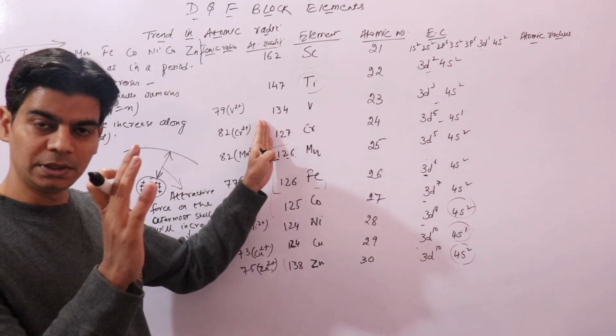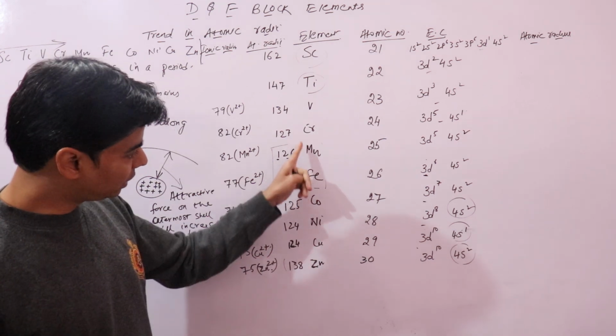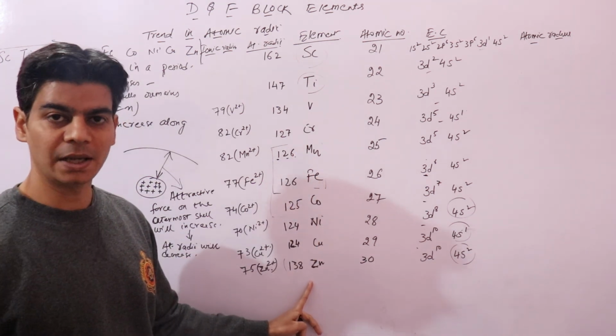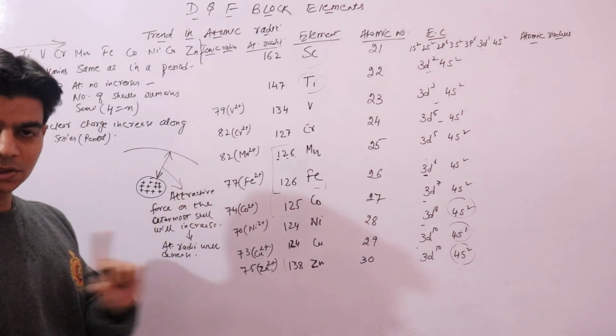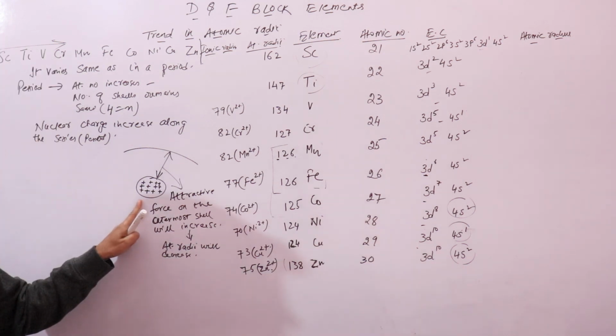Why does it decrease very less after midway, then not decrease from manganese to iron, then almost increase at the end? First just understand that this decrease was due to the attractive force due to the nucleus.